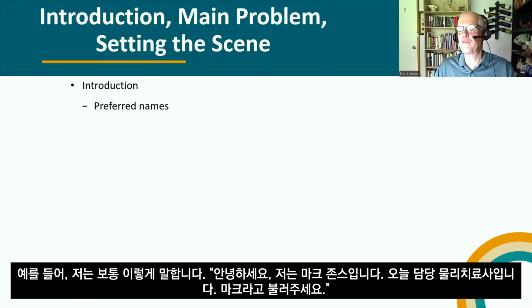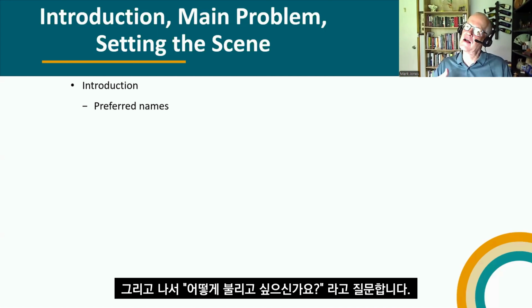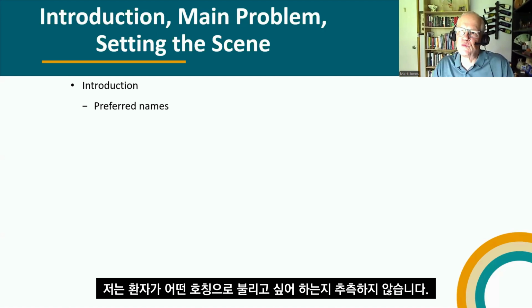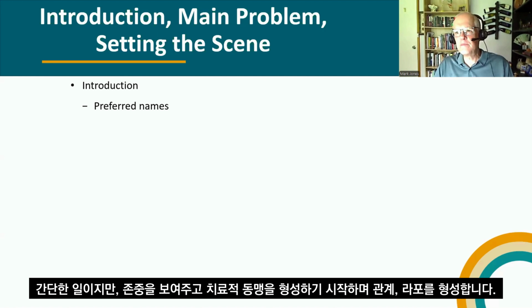So for example, I would typically say, hello, I'm Mark Jones. I'm your physiotherapist today. Please call me Mark. And then I'll clarify, how would you like to be addressed? I don't assume what name they want to go by. I ask them that. It's a simple thing, but it shows respect, and it starts to build this therapeutic alliance or relationship and rapport.